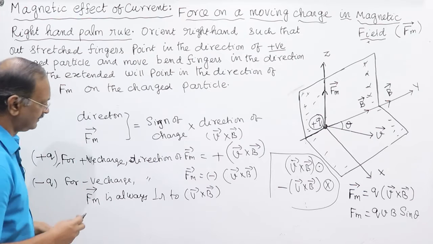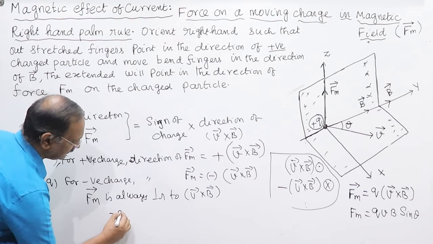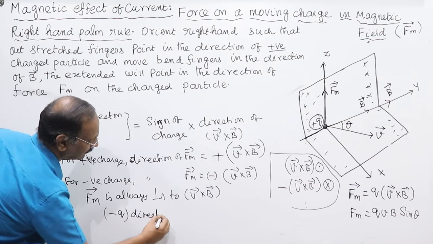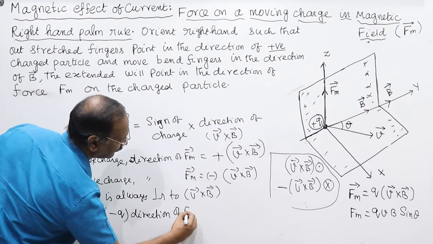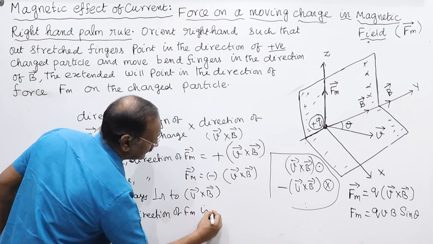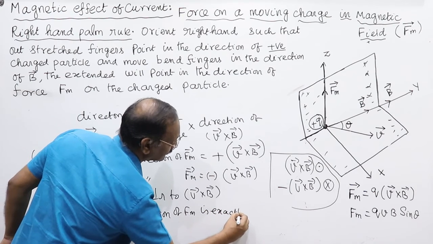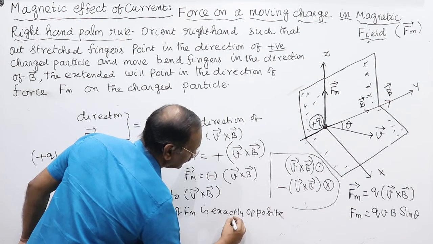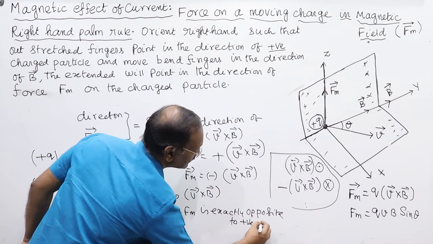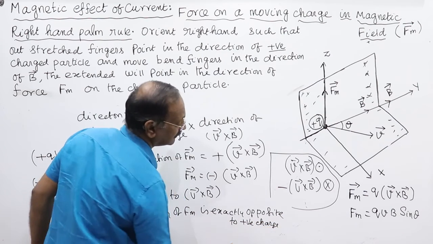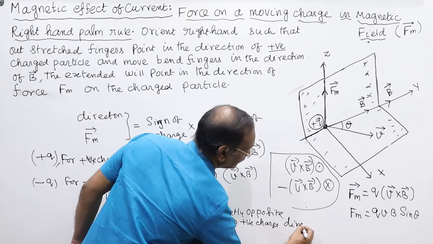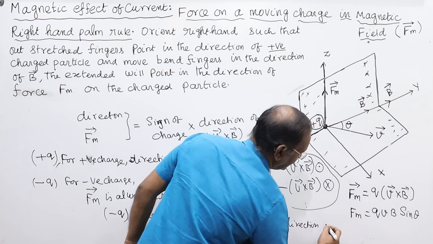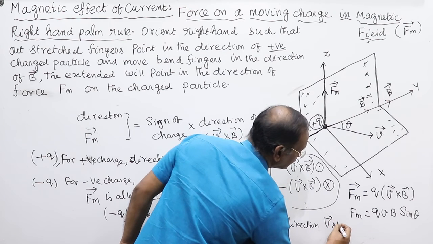So for negative charge, the direction of FM is exactly opposite to the positive charge direction. Positive charge direction is this, scalar FM, that is V cross B vector.